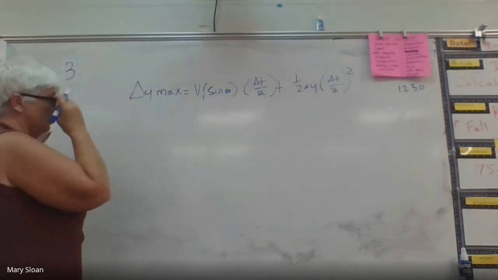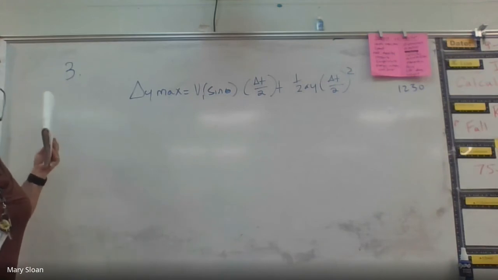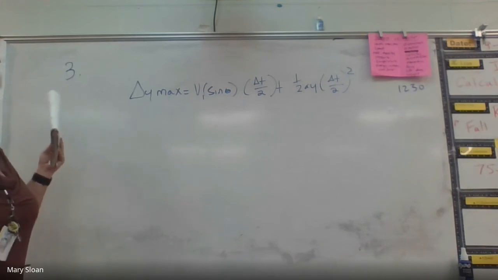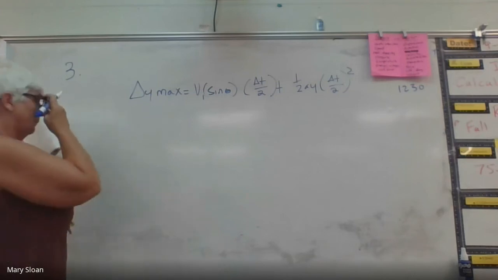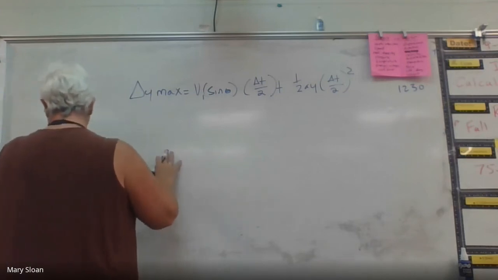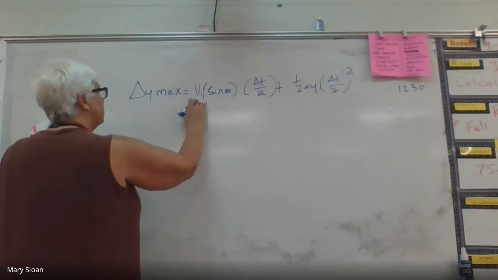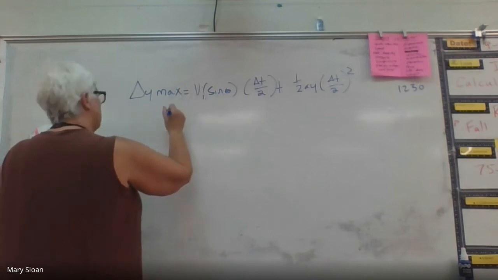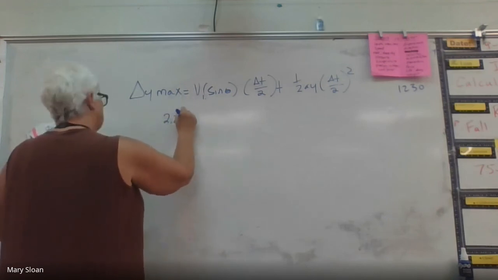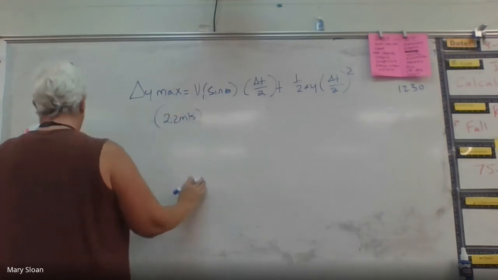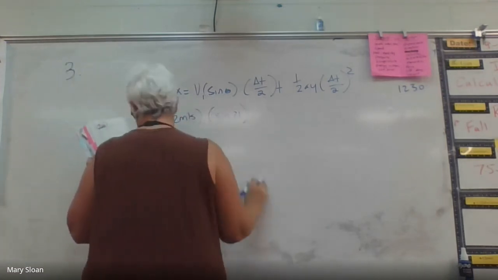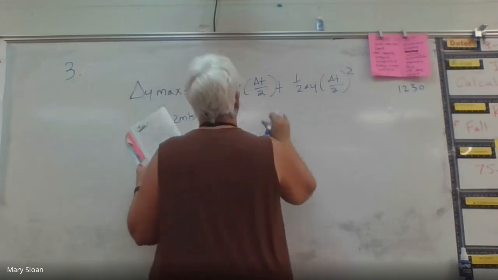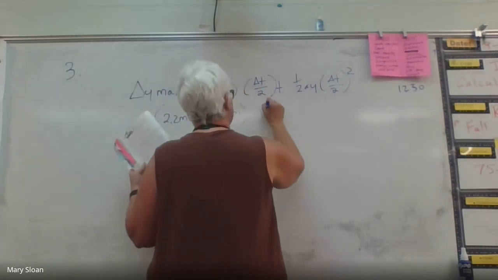Okay, so we're looking for how high he jumped, right? So this is the first one. The first one was the displacement, yes, ma'am. Okay, so to be able to do that, initial velocity was 2.2 meters per second, right? We had 21 degrees. Our change in time was 0.16 seconds.